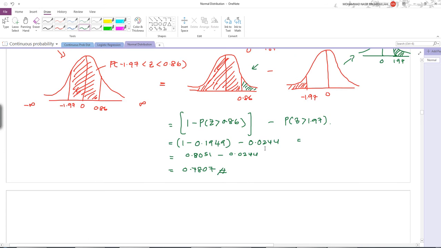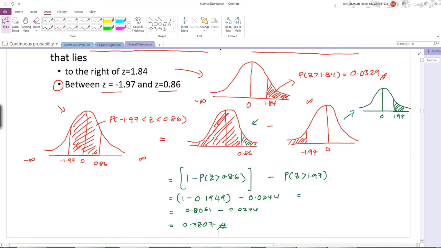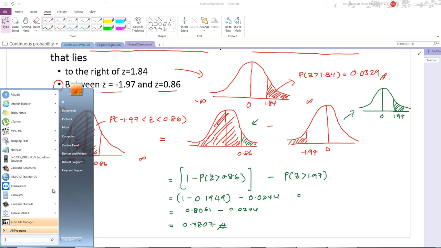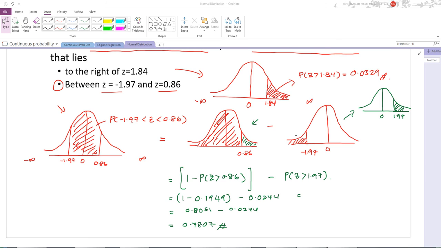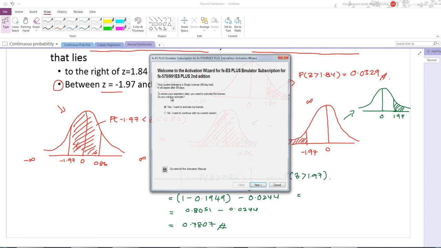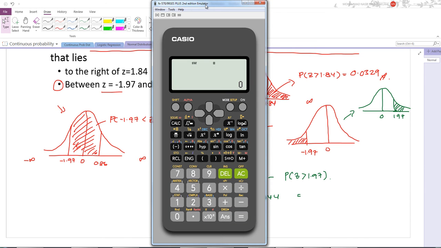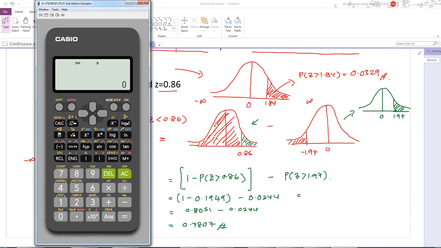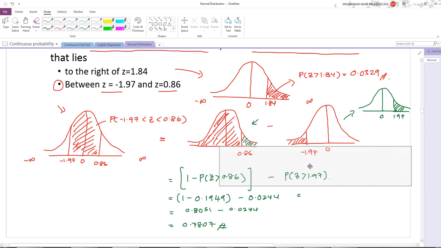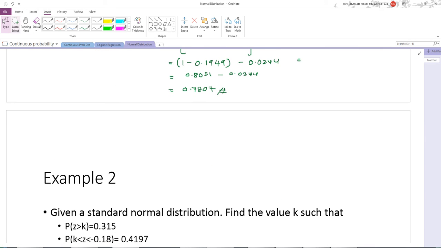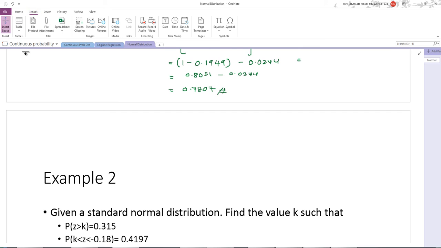So there is another way to calculate the area or probability, by using a calculator. If you don't have the statistical table, this is another option. I believe you already have the statistical table.